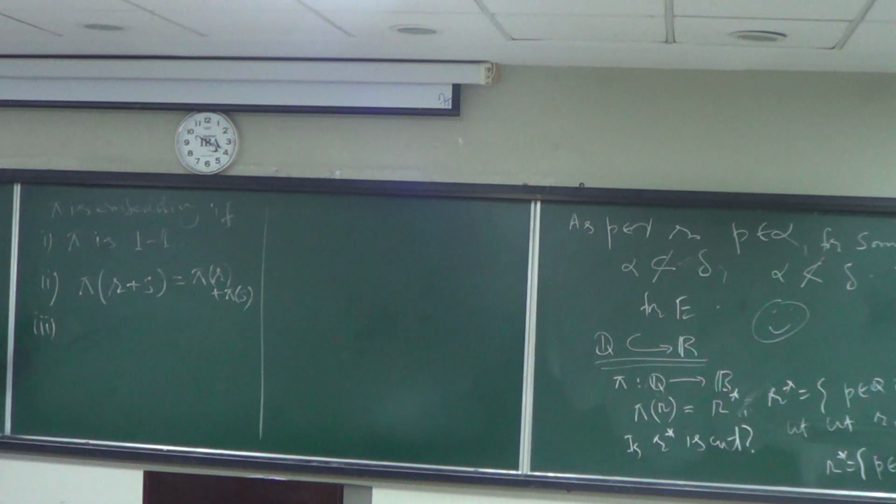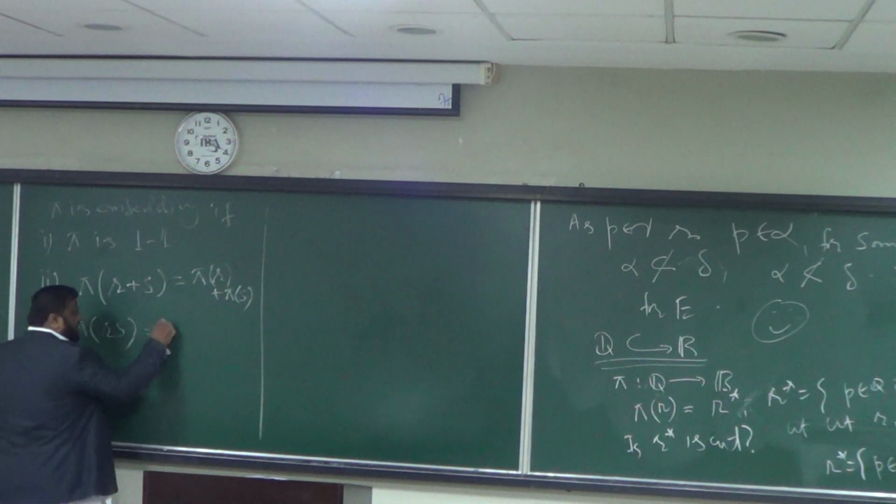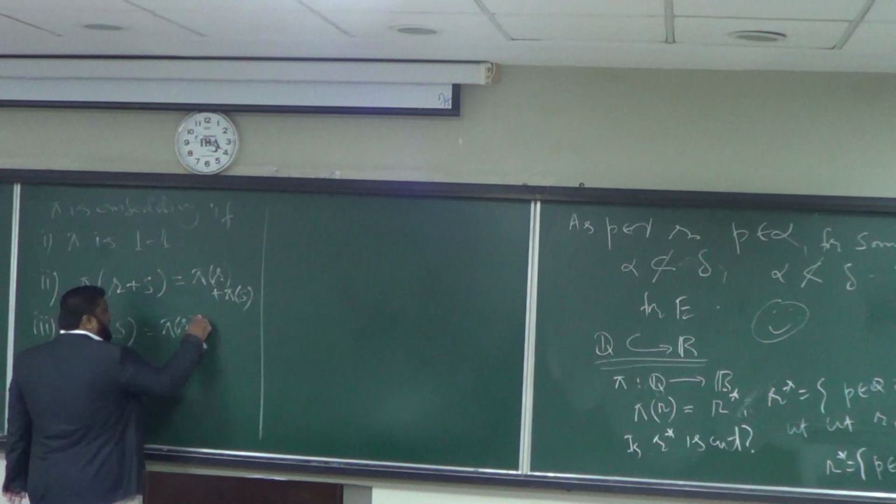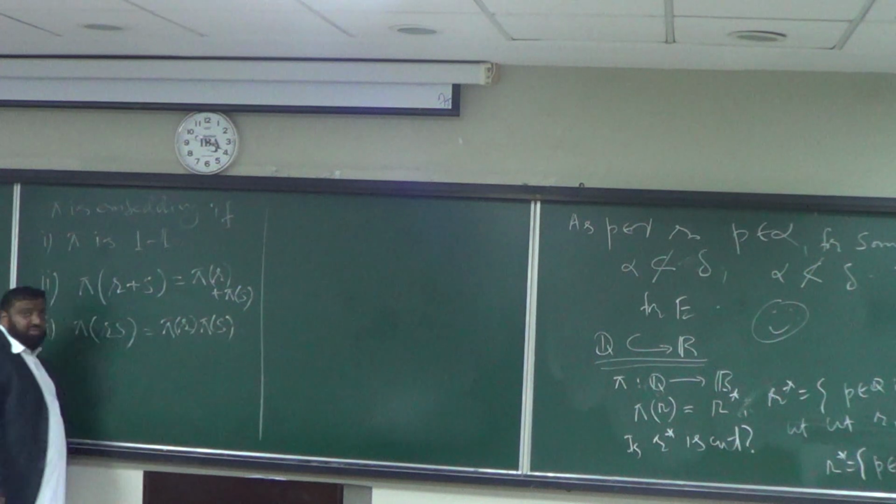It depends on the structure actually, how many operations the structure has. So the properties can go up and down. If the set has only one operation, then you'll have just one. Okay, so what do you need to do? Pi of RS should be equal to what? Pi of R times pi of S.